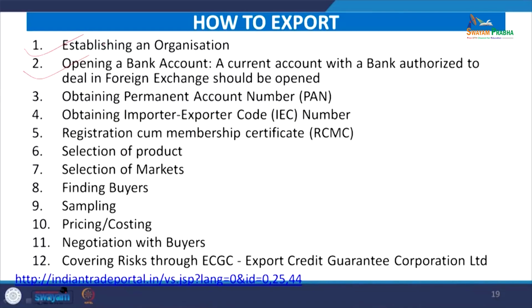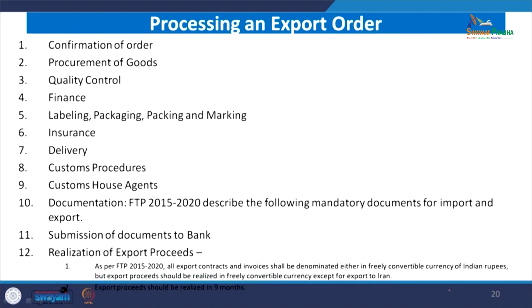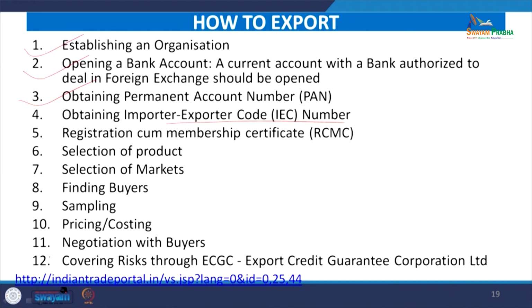So, we have establishing organizations, opening a bank account, we should have a permanent account number, PAN number, similarly the IEC number, membership certificate, and broadly sampling, pricing, negotiation, covering risk. These are available on the India Trade Portal website. There are actually 12 procedures.